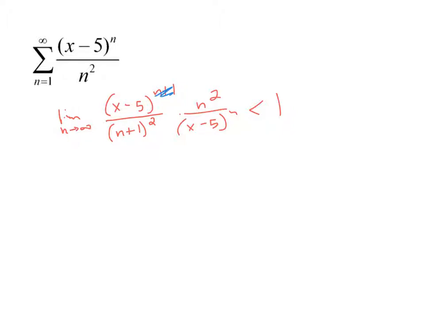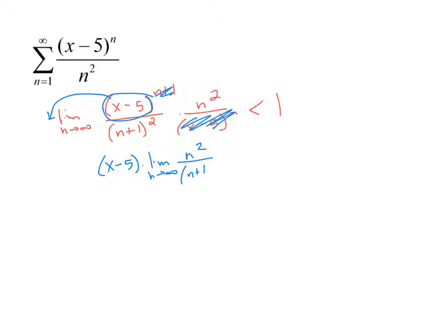I have one leftover x minus 5 on the top, so I will pull that out front. So I'll have x minus 5 multiplied by the limit as n approaches infinity of n squared over (n plus 1) squared. This limit is 1. So I end up with x minus 5 multiplied by 1, which of course is just x minus 5.